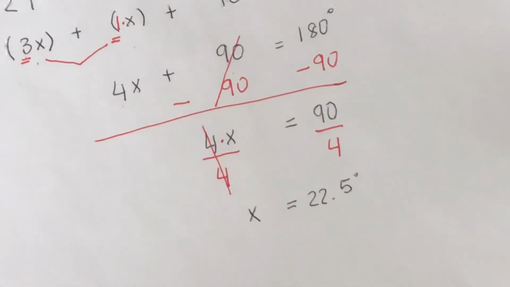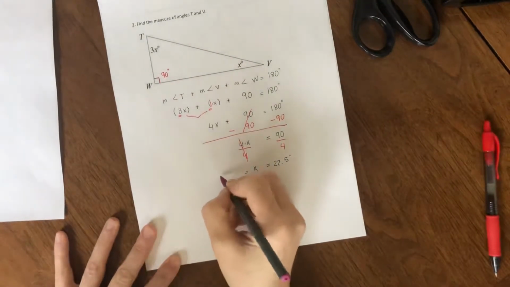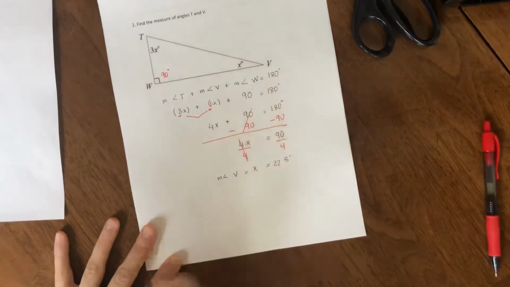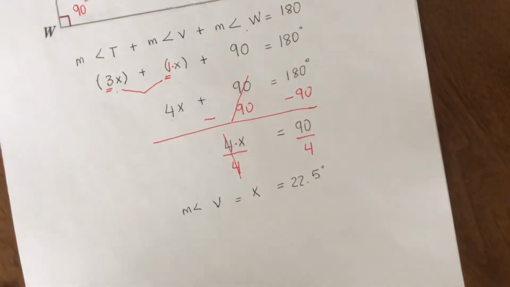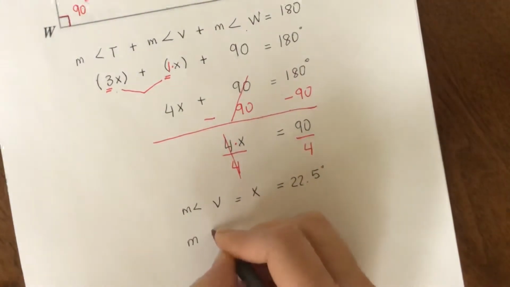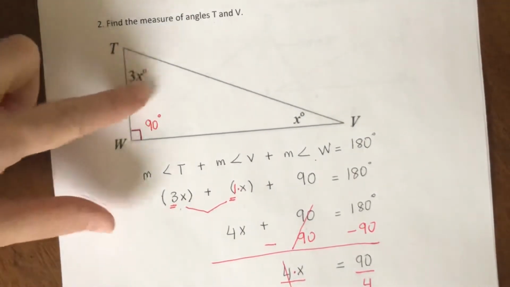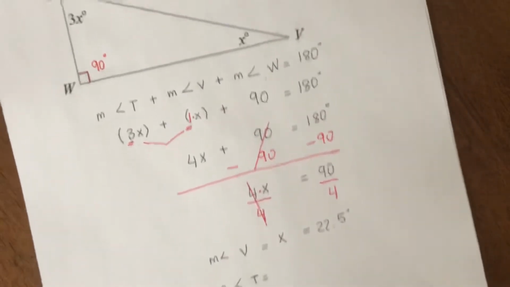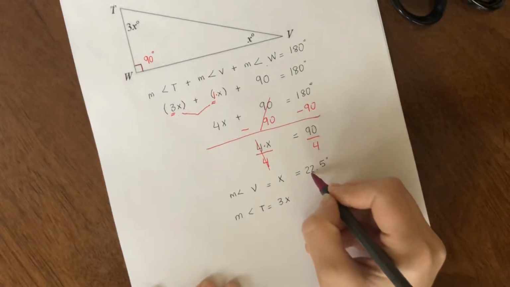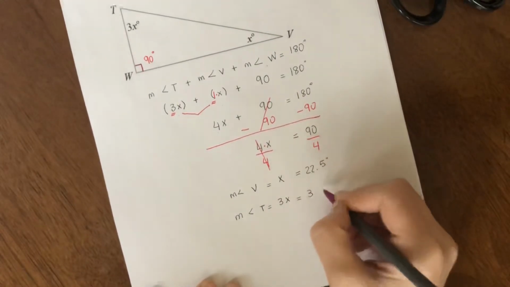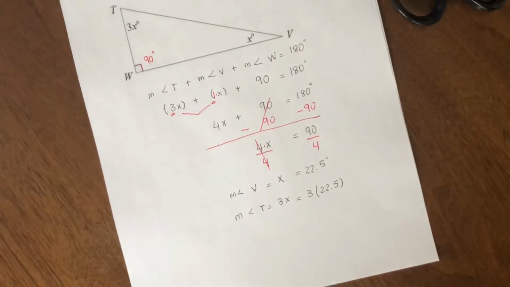It's already equal to angle V. So I can write measure of angle V equals 22.5 degrees, and I need to find angle T. So again, angle T is 3x degrees, right? 3x. And I'm gonna plug it in. 3 times 22.5. What is 3 times 22.5?